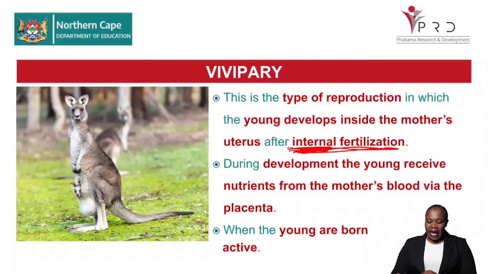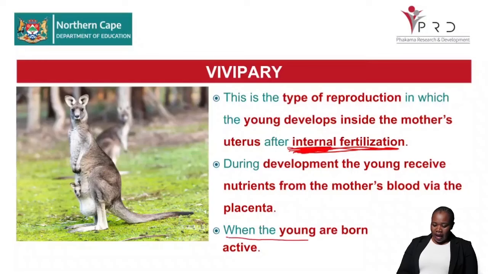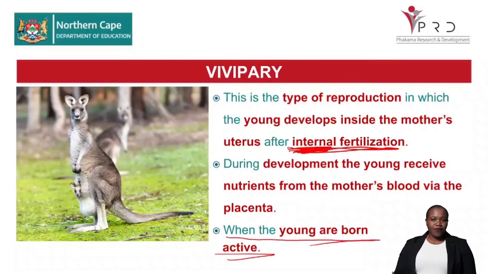During development, the young will receive nutrients from the mother's blood via the placenta. So here there is that connection between the young and the mother through the placenta, whereby the umbilical cord will be the transport of the food from the mother's blood to the developing embryo. So here the young are born active.